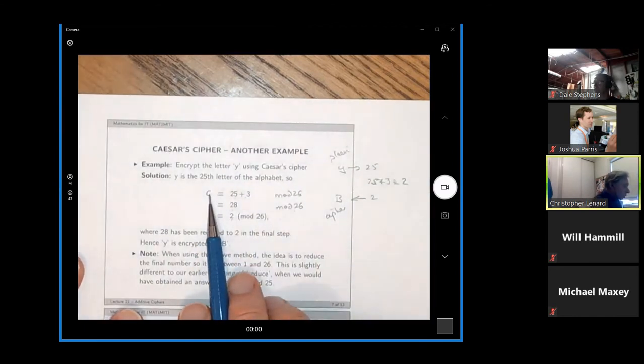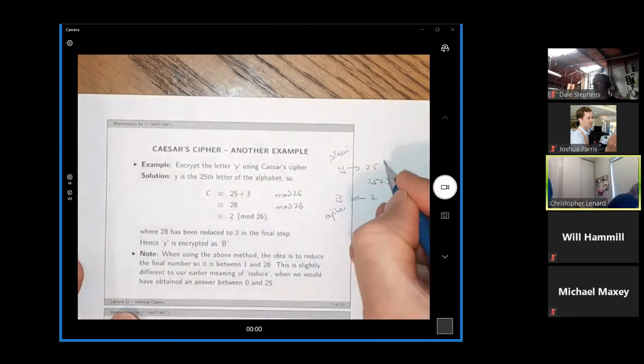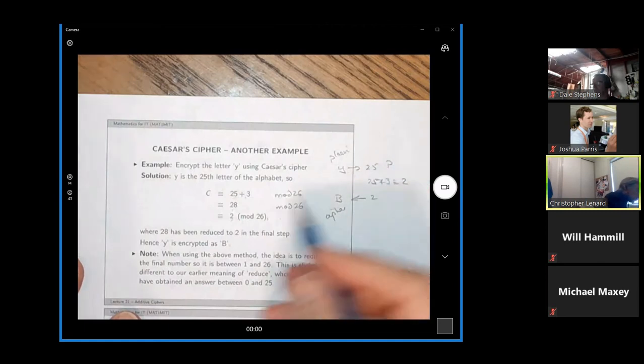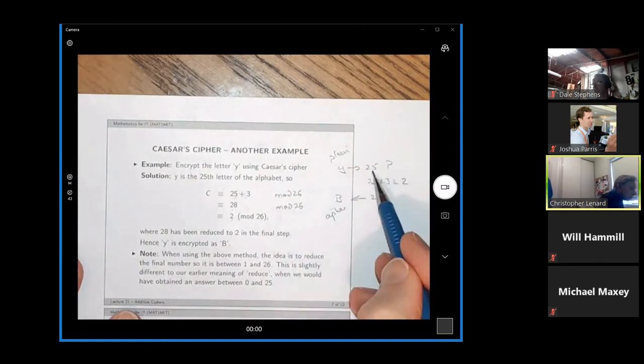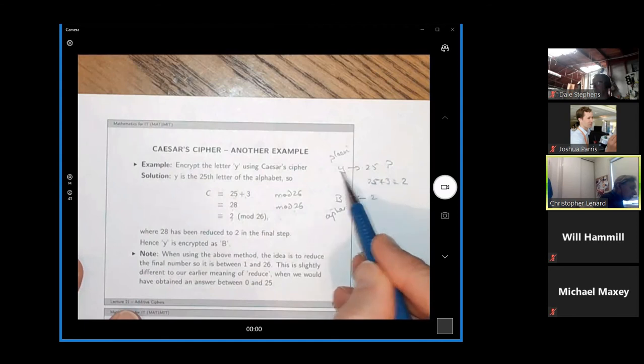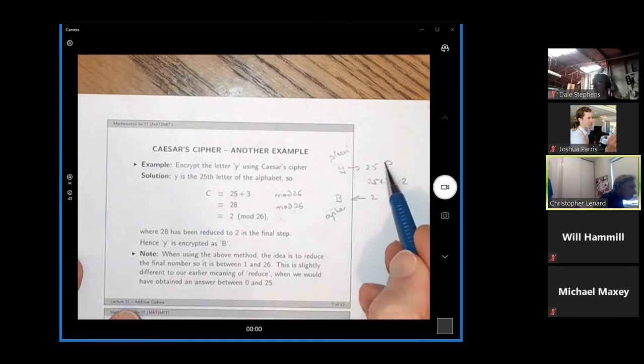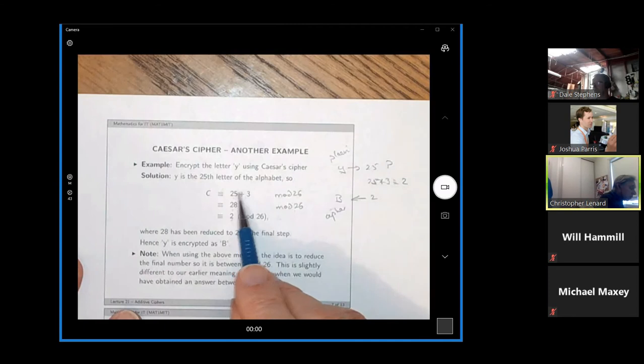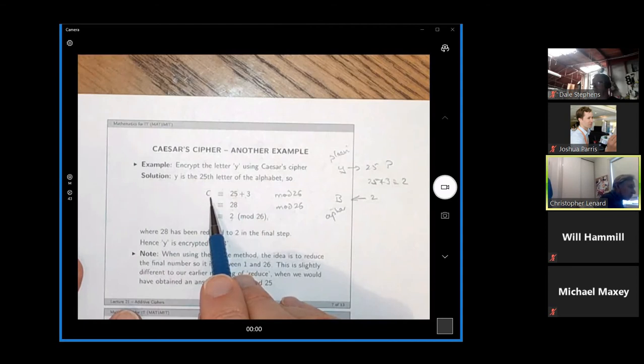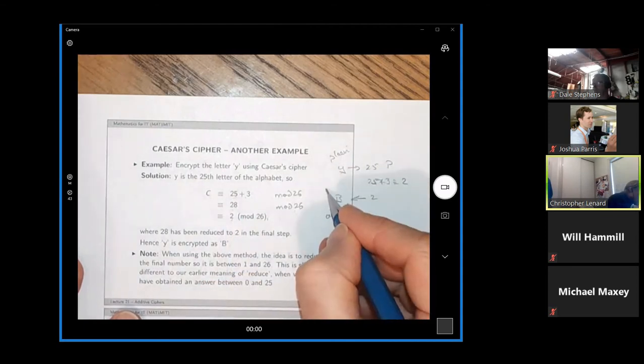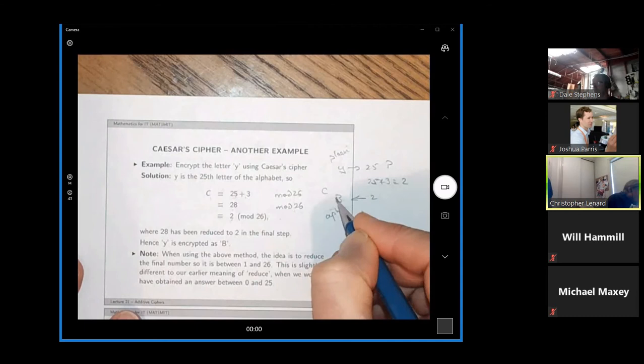So in this case, P is a plain text number, which represents our plain text character. Do something to the plain text number, P plus 3, congruent to 2. 2 is our ciphertext number.